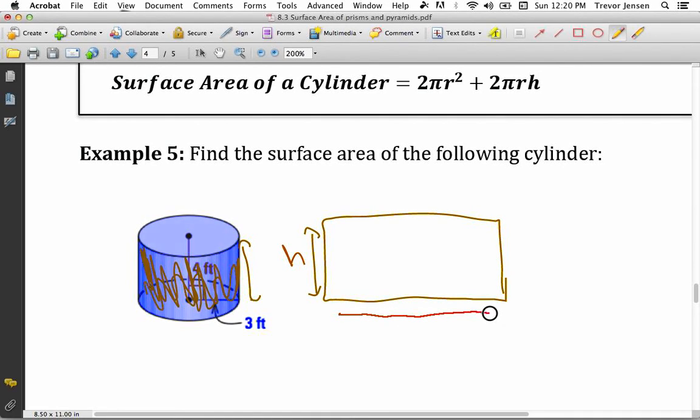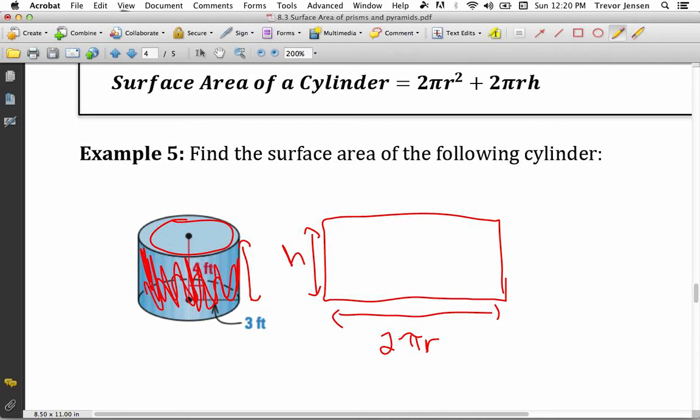And the length of that rectangle is going to be equal to the circumference of this circle. I know to find the circumference of a circle, you do 2 pi r or pi d, but we'll use 2 pi r for now.